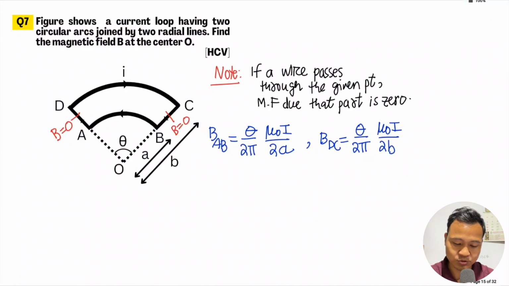In this question, if you take your right hand and curl it along this side, your thumb will be pointing outward.